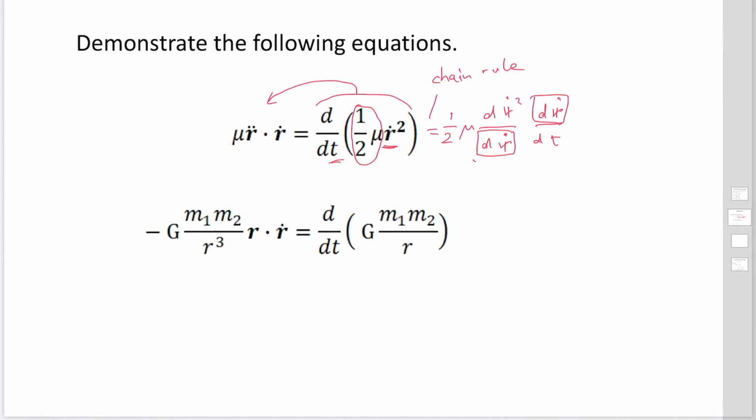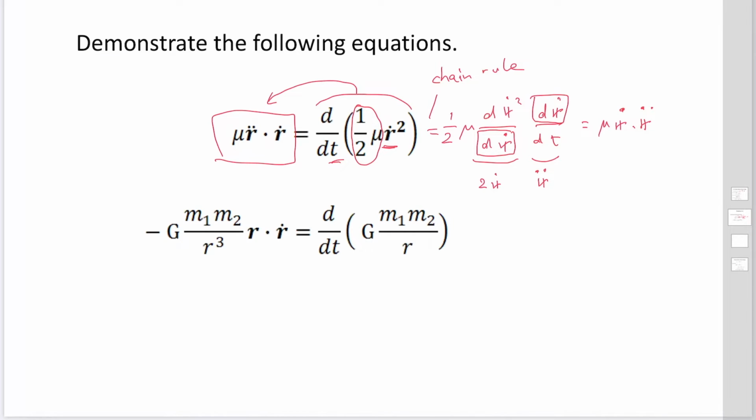So this derivative is actually 2 r dot. This part is r double dot. So it becomes mu r dot r double dot. Then we got this equation.